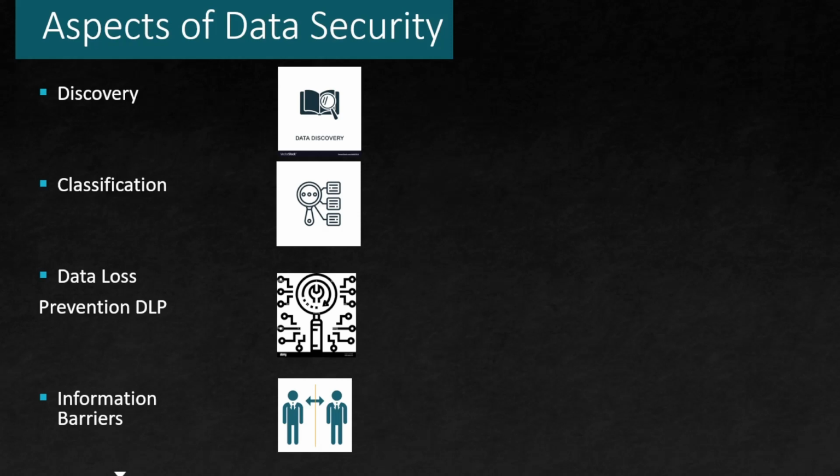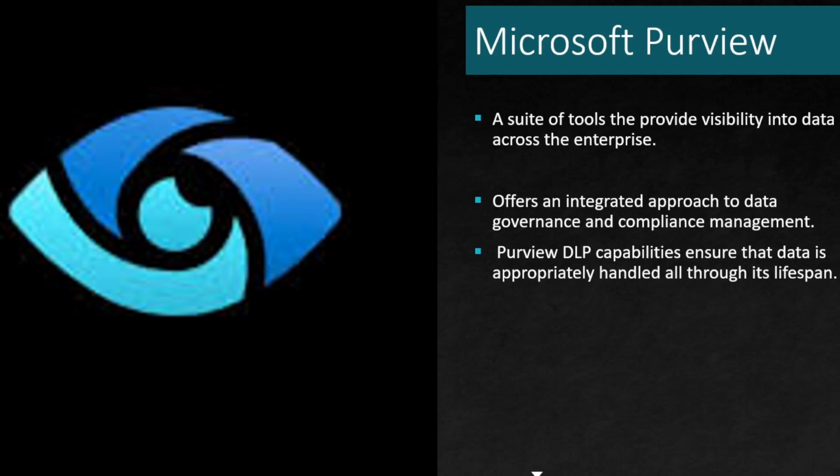So we're going to be looking at the particular tool that we're going to be using to showcase data security, and that is Microsoft Purview. So what is Microsoft Purview? Microsoft Purview is a unified data governance service helping organizations to manage and secure their data across various environments, from on-premises to multi-cloud and even software as a service applications.